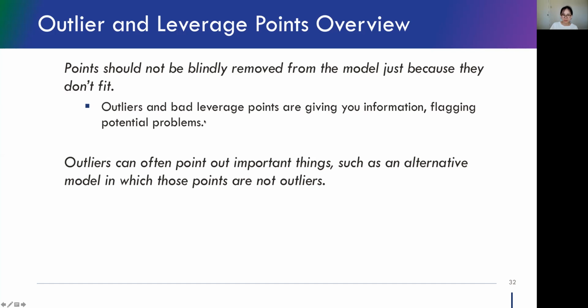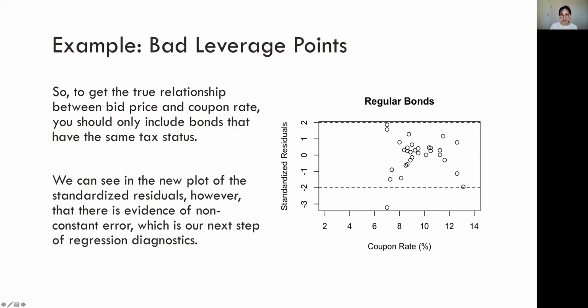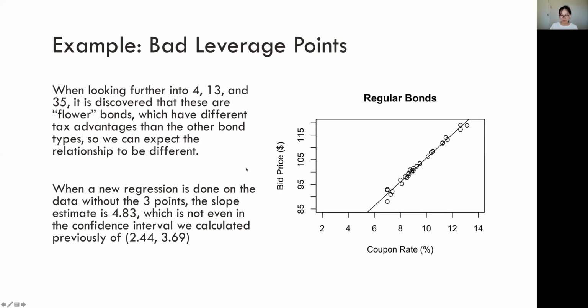Sometimes the outlier and bad leverage point are giving you information, flagging some potential problems. So in our case here, we see there are different categories. We should fit a different model for them. And outliers can often point out important things such as alternative models in which those points are not outliers, which is exactly what we have seen in this example.